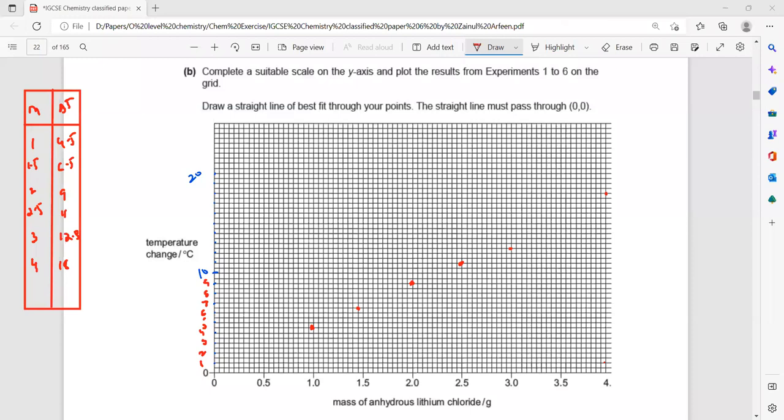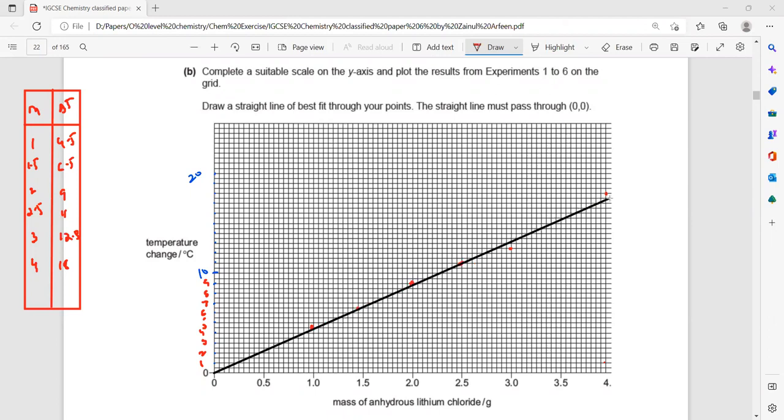And now, as I mentioned, we have to start our line from the origin, and we should draw a best fit straight line for this. So when we start from the origin, we want to draw a best fit straight line.